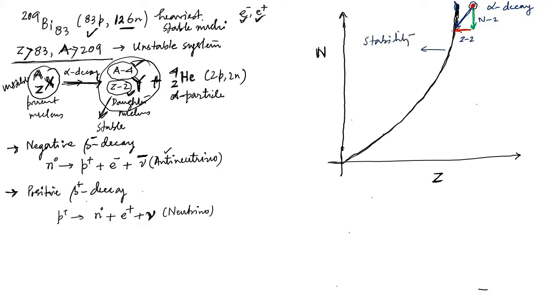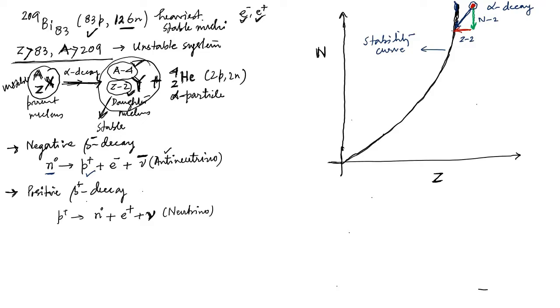Similarly, this is my stability curve. And if we do the negative beta decay, what happens in negative beta decay is that a neutron is going into a proton. So the neutron number will be less by 1, and the proton number will be increased by 1.